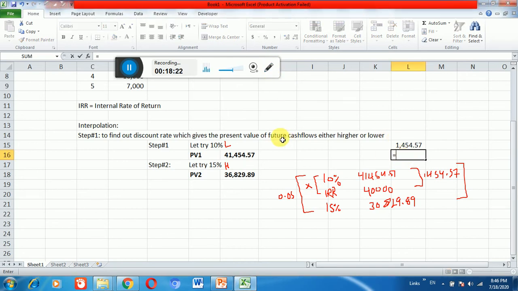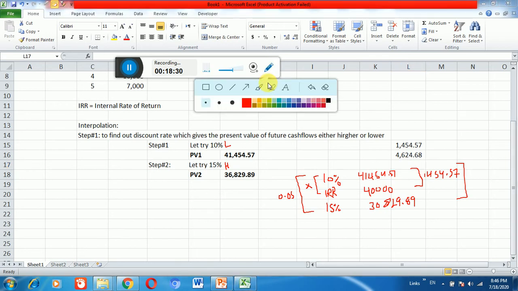From this value you have to subtract 36,829.89, and that is equal to 4,624.68.